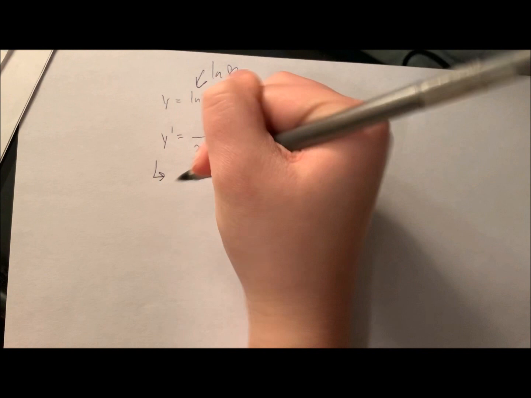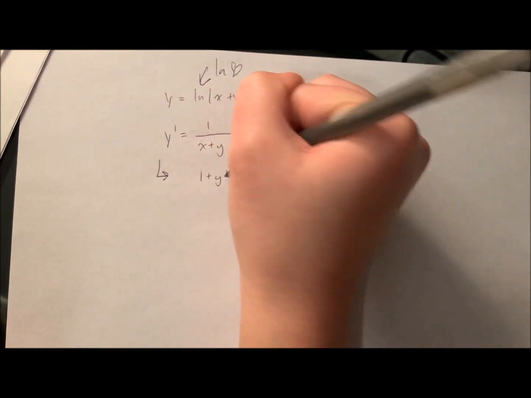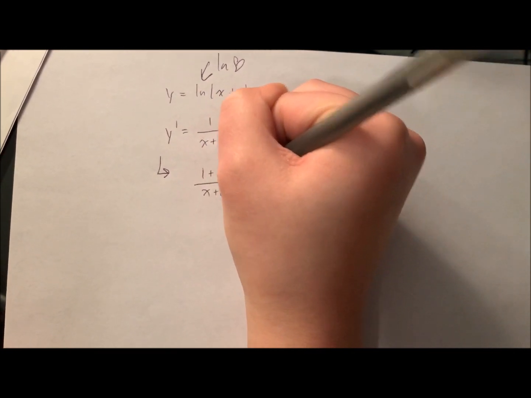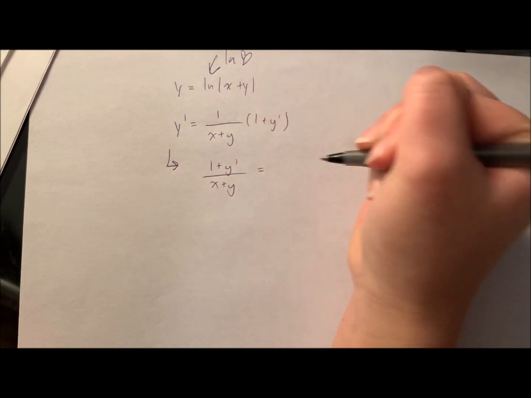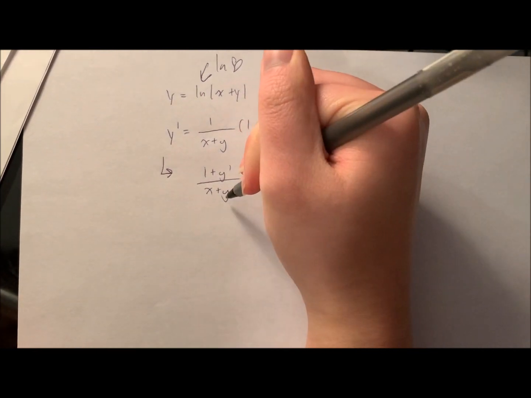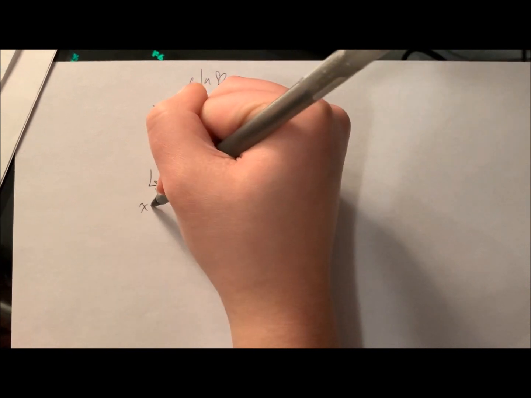From here, we get, of course, okay, we don't want that fraction there, so we're gonna multiply that out.